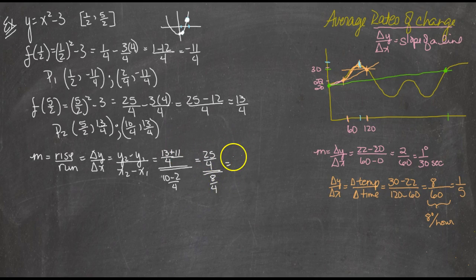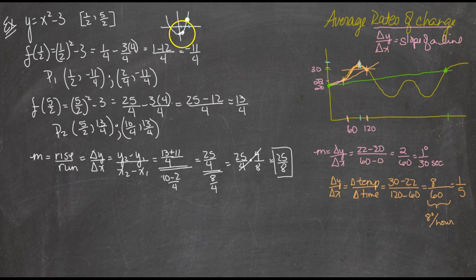So now just convert this to multiplication. 25/4 times, flip the denominator, 4/8. That's why I didn't change my denominator. It's just as easy to cancel it that way. And so I get 25/8 is the average change of this function, right?